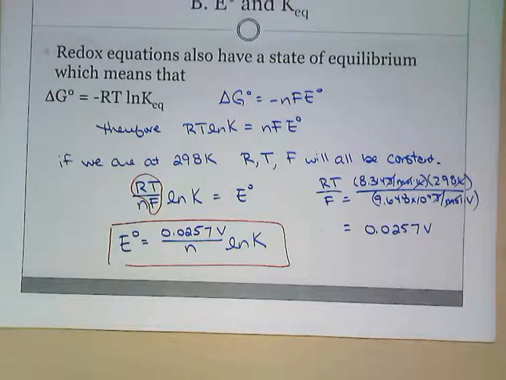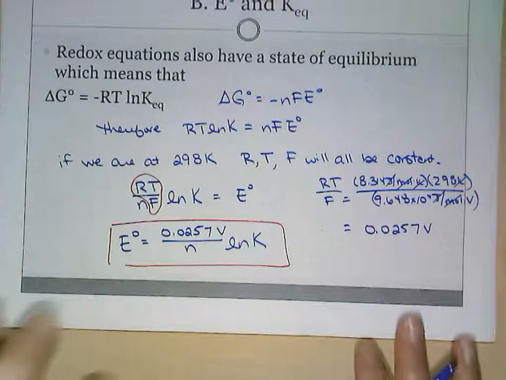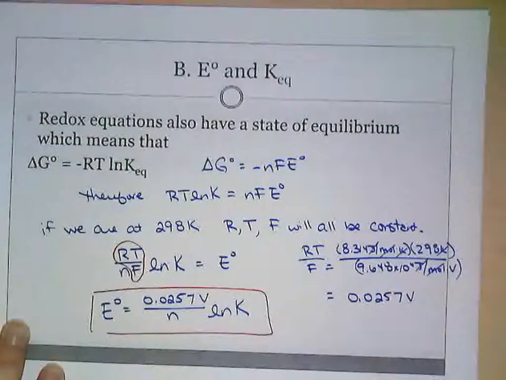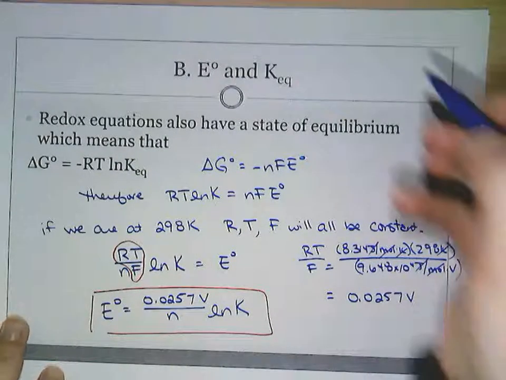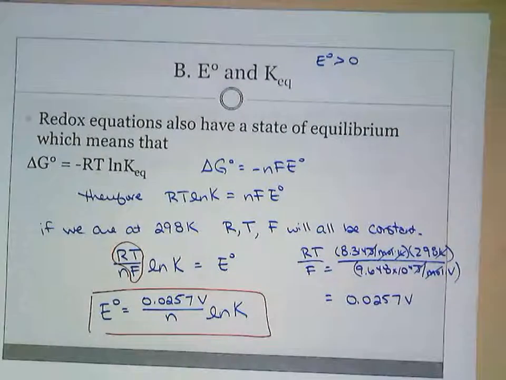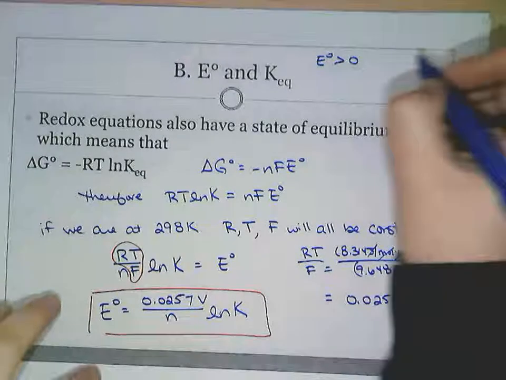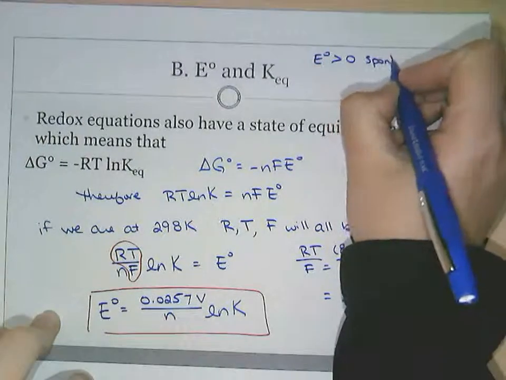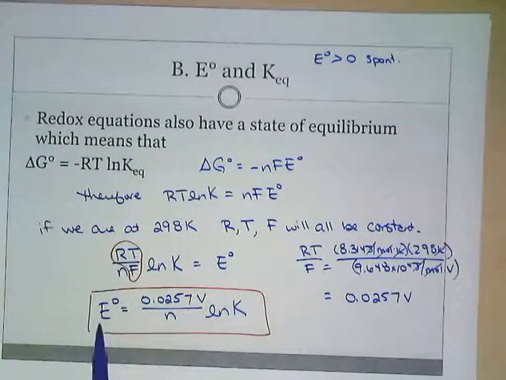All right, so let's think about what this relationship can tell us. Put my thoughts up here in the corner. If I have an E greater than 0, am I spontaneous or not spontaneous? I'm spontaneous. If I have an E greater than 0, what must my value of K be?